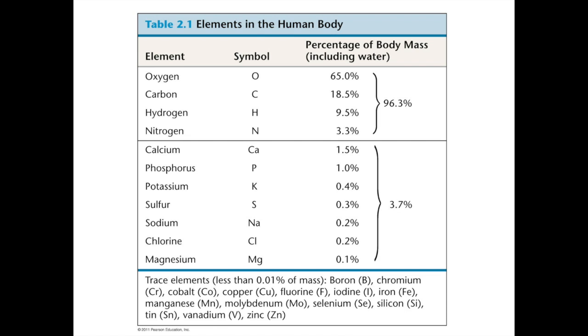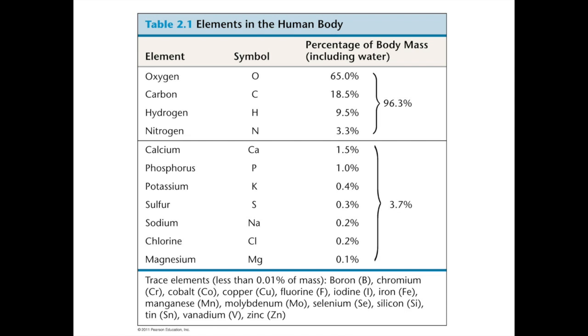All have these same 7 most abundant elements. And 4 of them make up the vast majority of your body's mass. I would consider them to be very important, which is my code word for, yeah, you should expect to see that on an exam.